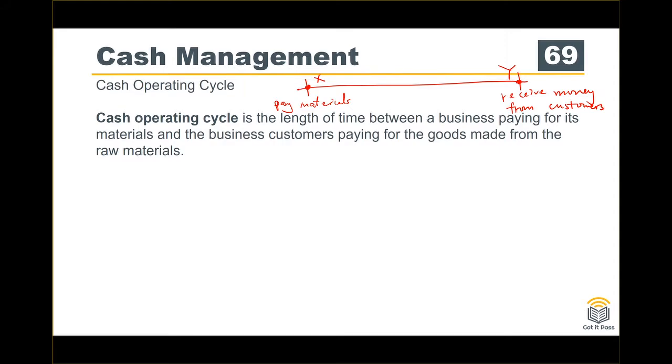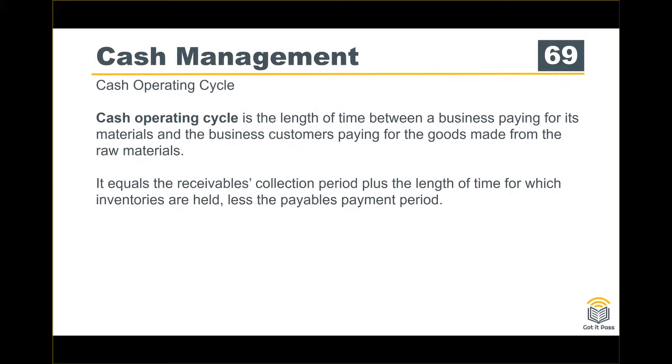Simply because you pay the materials at point X, and then until point Y, you receive your money by selling your goods. And it also equals the receivables collection period plus the length of time for which the inventories are held, less the payables payment period. So here are three different formulas.